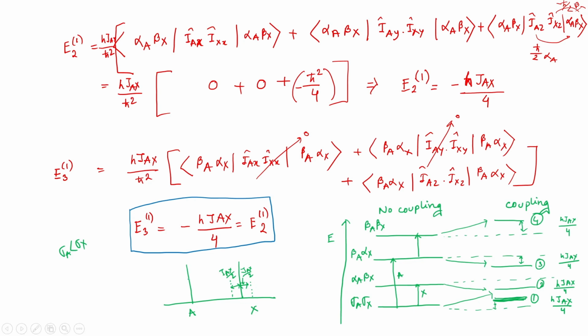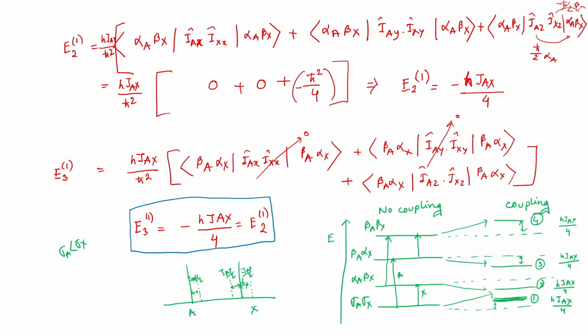And for A also, with 1 to 3 and 2 to 4, now the change is that A is destabilized by h Jx by 4 and 3 is destabilized by h Jx by 4, so you expect a line here, and less here, which is less than Jx by 4, similarly 2.